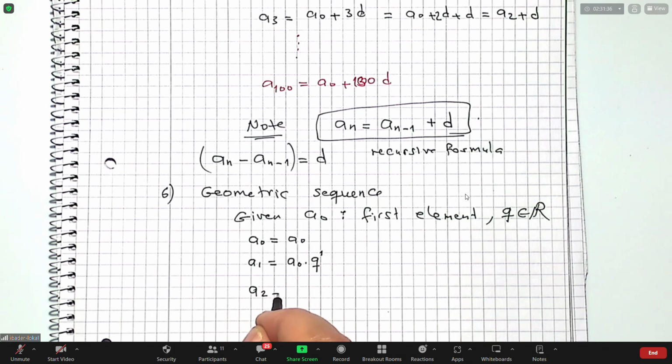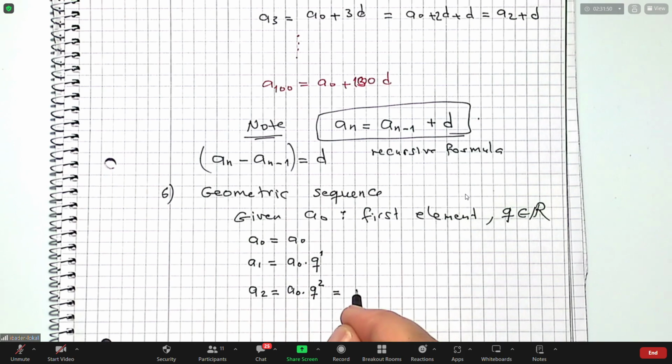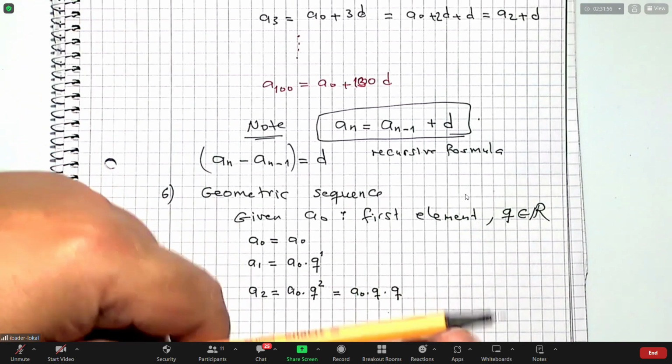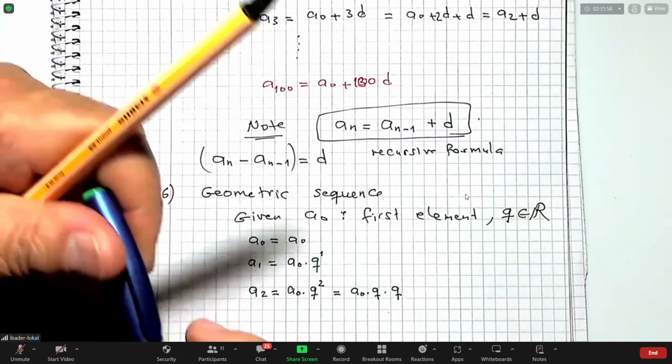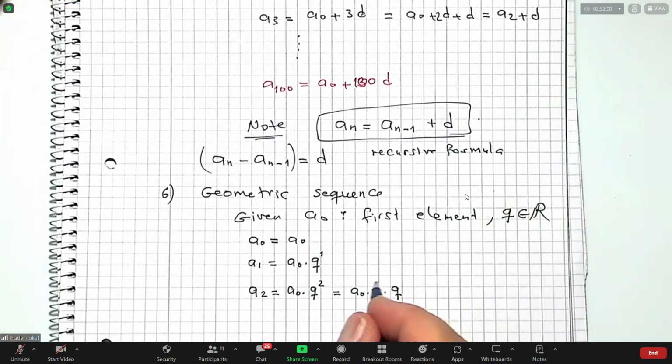a2 is equal to a0 times Q to the power 2. And notice that this is equal to a0 times Q times Q, but a0 times Q is just a1.